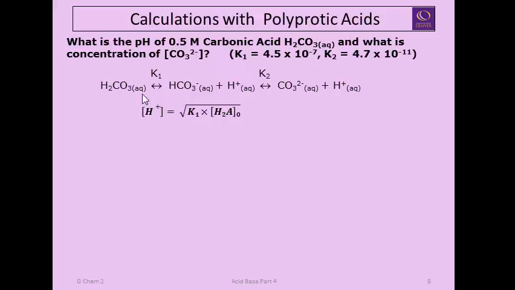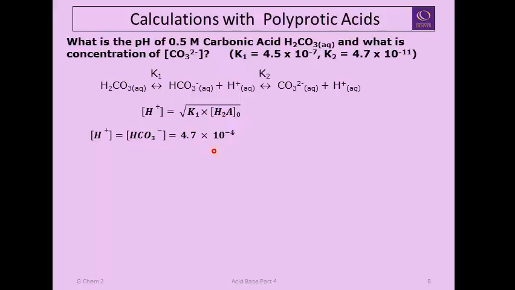So the go-to equation for that first deprotonation is right here, as we talked about earlier. Only for Ka, you're plugging in the K1, and you're talking about the original diprotonated form, what that concentration is. You're plugging in 4.5 and 0.5 for the original concentration.